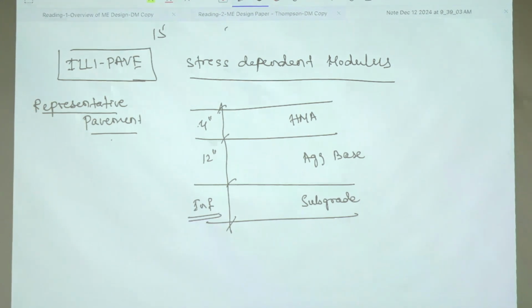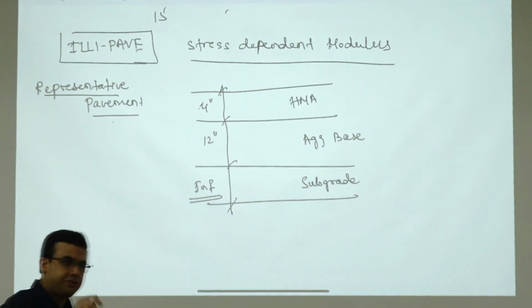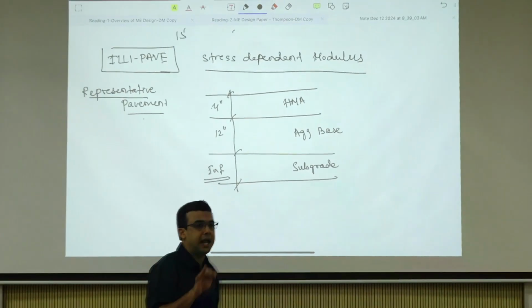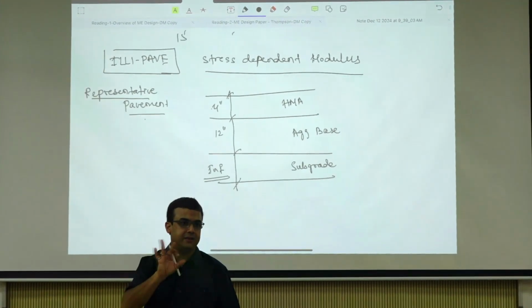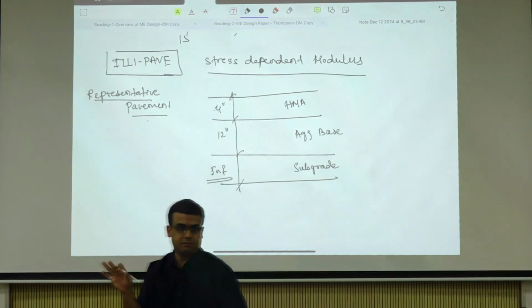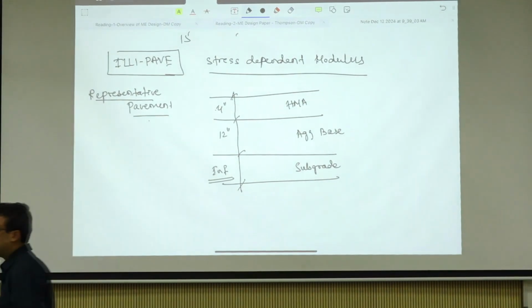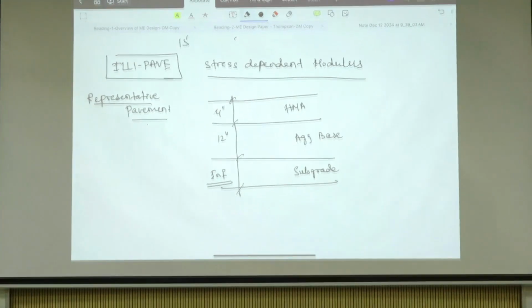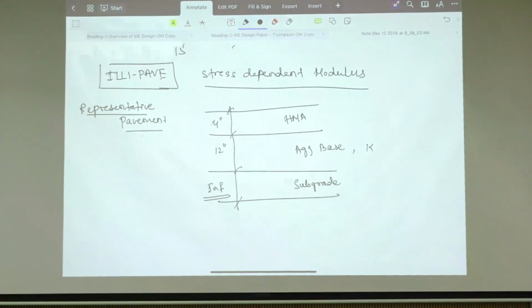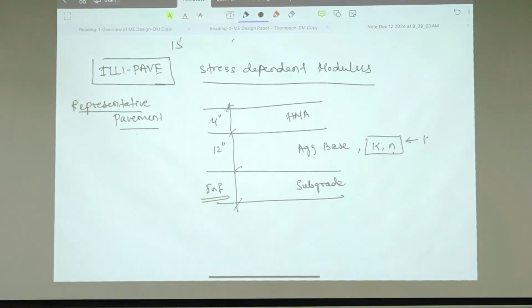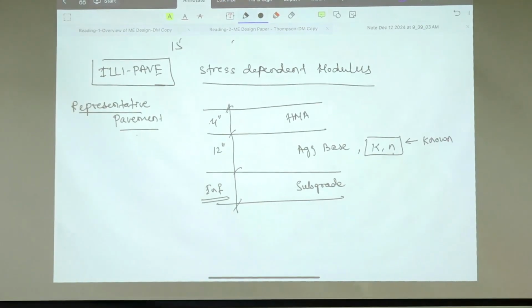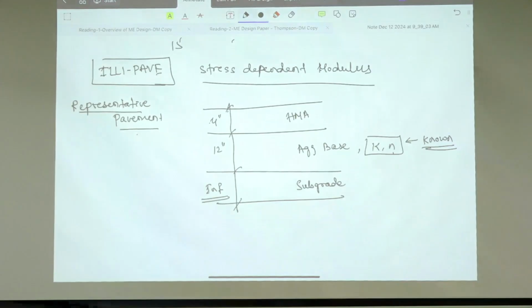Okay, and let us say that you tested this material in your lab already, like this file that you work. That's, let's just say that is your material. So you now know the k theta values and stuff, k and n values. You know this because you have already tested it in the lab.